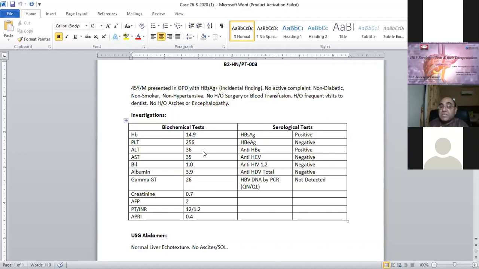So my patient is lying in HBe antigen negative infection or immune control phase, or in the past we used to call this HBs antigen carrier. If the PCR was positive and ALT had been raised, I would have said that my patient is in HBe antigen negative hepatitis phase. So with these parameters, my patient is in HBe antigen negative infection phase.